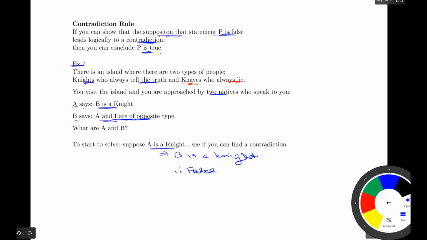So that must mean B is a knave. He must be lying that they're of opposite types. So B is a knave. Let's go back. If B is a knave and B says they're opposite types, he's lying, so that must mean they're the same type. So what does that mean about A? A is a knave as well.